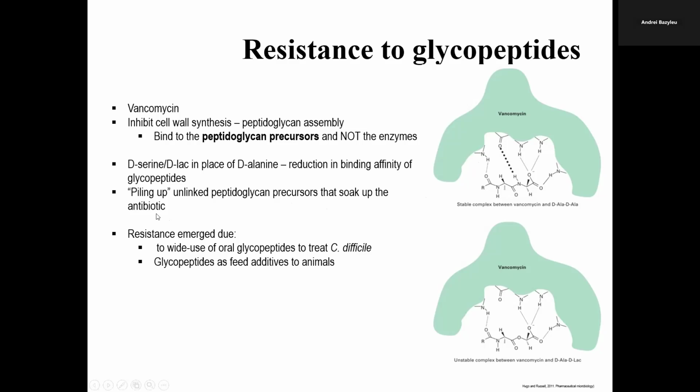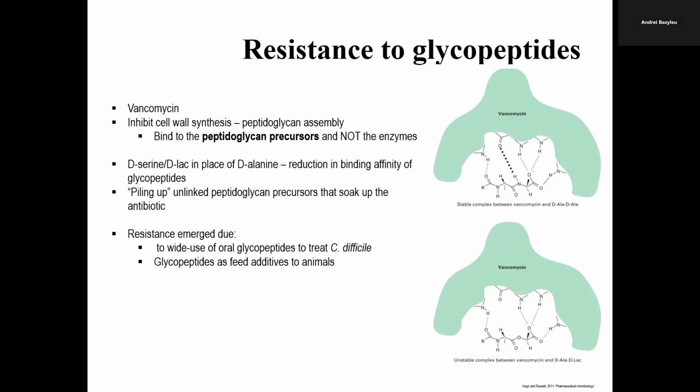And the structure of unlinked peptidoglycan precursor, the one that will not be involved in the cell wall synthesis, to antibiotic is exactly the same molecule that would be linked with peptidoglycan layer synthesis. So when bacteria switches on this second mechanism, they produce tons and tons of this unlinked peptidoglycan layer precursor.